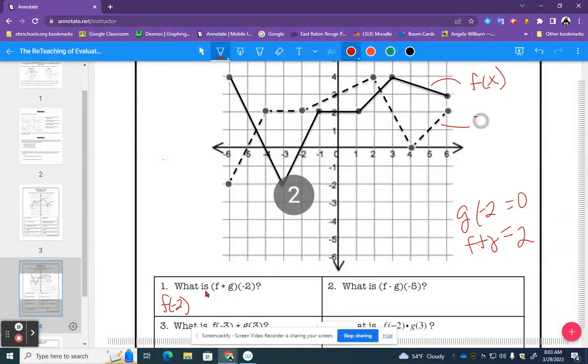The dotted line is g of x. So f of negative 2 is 0. And g of negative 2 is positive 2. So if I said f plus g, it'd be 0 plus 2, which would be 2. Does that make sense?